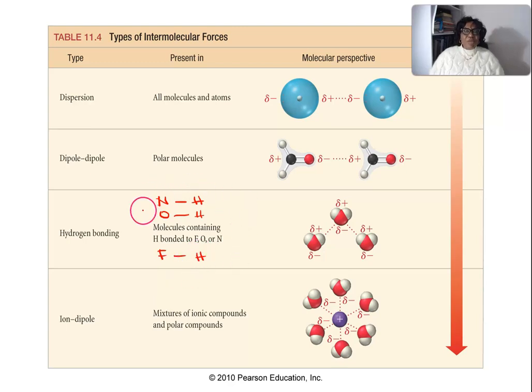They must have these 3 types of bonds for it to be able to have hydrogen bonding. Then we have ion-dipole, which exists in mixtures of ionic compounds and polar molecules. And the strength increases as you go down the list.